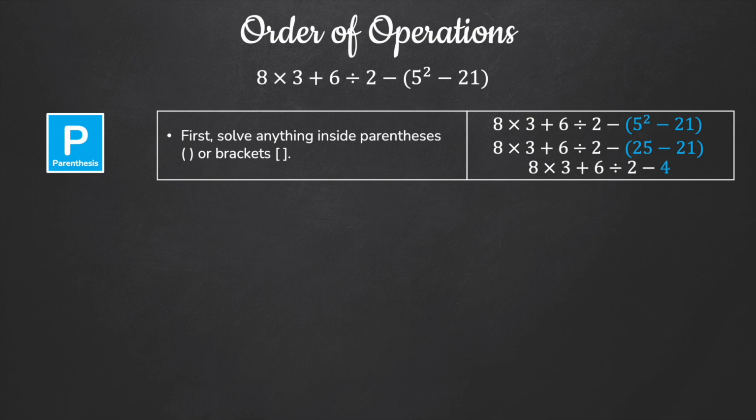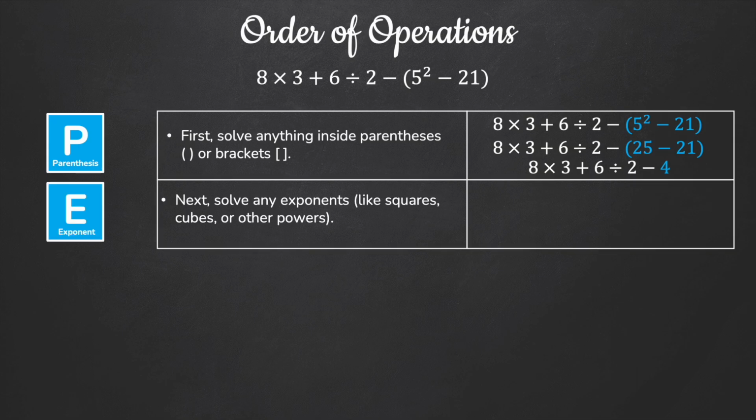And notice that we're just going to rewrite the rest of the expression as we see it. So now we have 8 times 3 plus 6 divided by 2 minus 4. Next thing we're going to do is look for any exponents, and we don't have any other exponent other than the one that was already inside of our parentheses and the one we already dealt with.